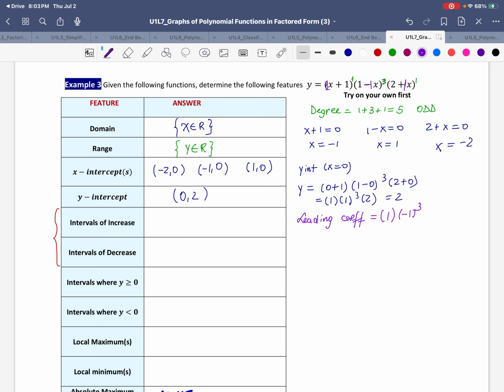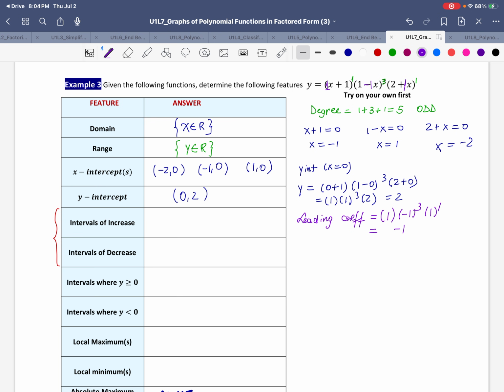Be very careful, it's a very easy mistake to make. We always focus on the number we see first, but remember this variable term here is listed last, and negative 1 is the leading coefficient of this factor. And then we have 1 to the power of 1. So if you multiply them all, then you will get negative 1.